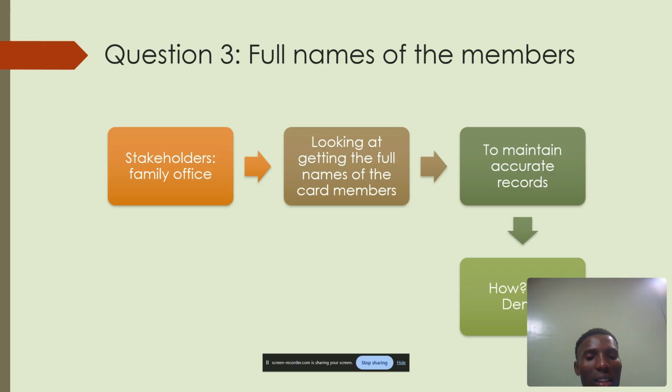Using a database query statement, you can retrieve all the names keyed in that database to ensure that all the names are accurate. And if not, you can alter the information in that table.